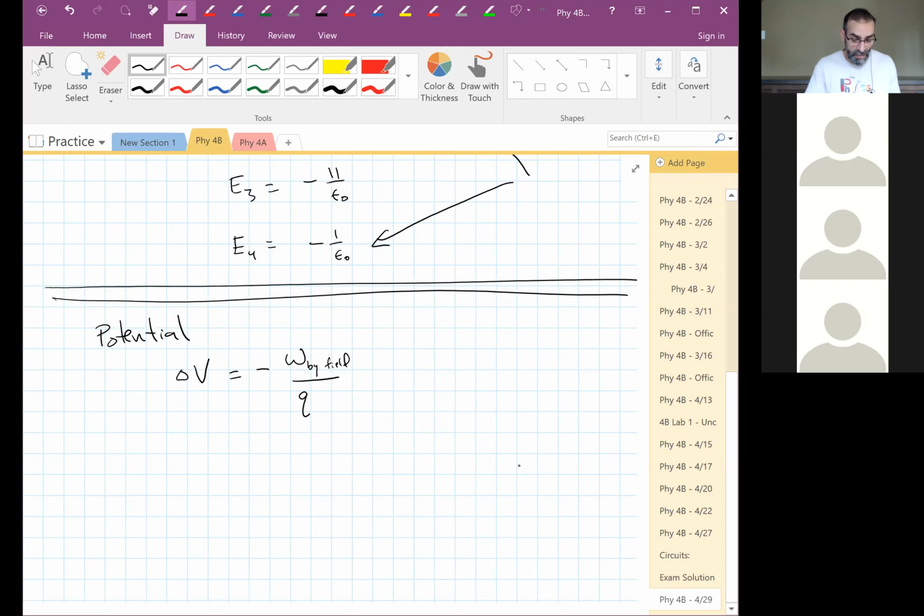Okay, so here's our equation. And I have my -1 over Q. And what's work done by an electric field? It's the integral of F dot ds. Right, that's work done. And what is the force from an electric field?